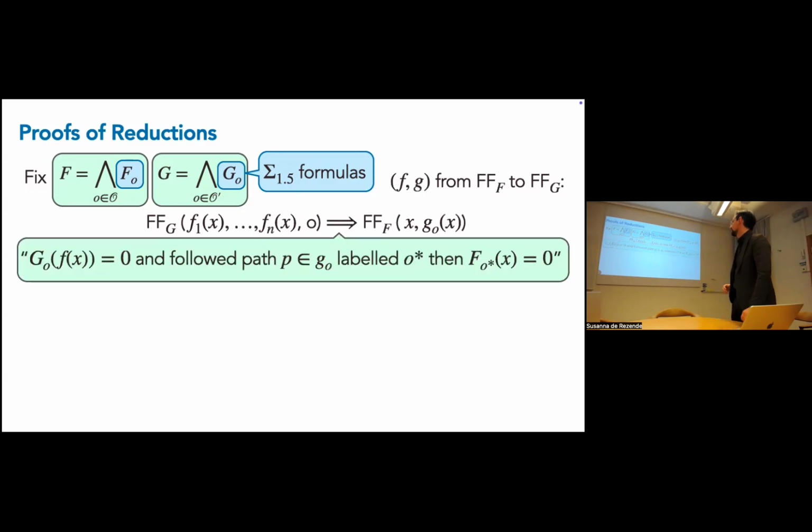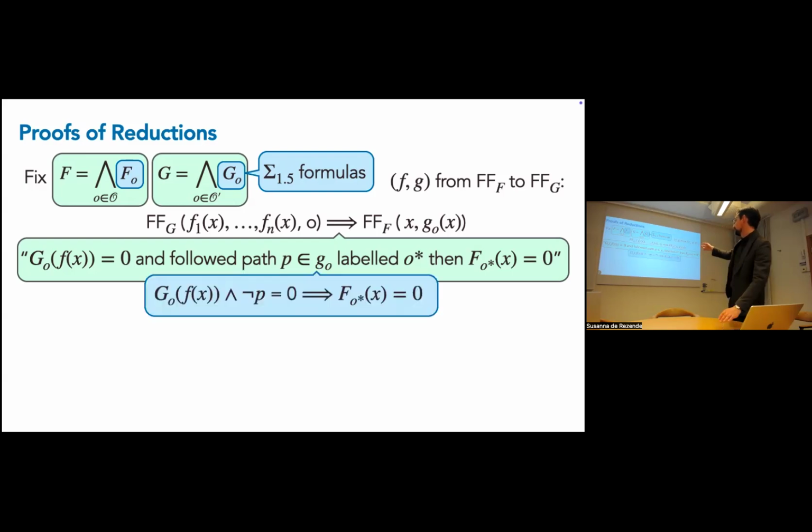So this means that if we falsified the Oth subformula of G and then we looked at the decision tree G_O and followed the path P here, and it was labeled by something O star, then the O starth subformula of F would be falsified. This is just the correctness of reduction. So in particular, we have this implication.